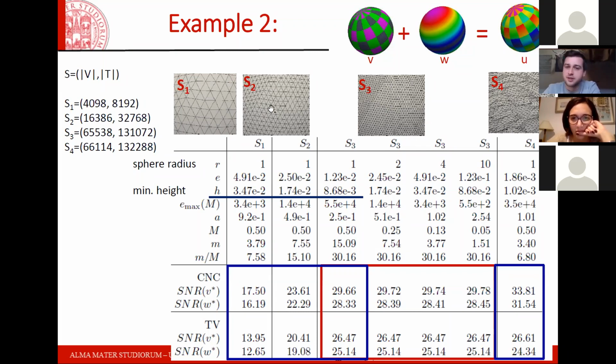But all three meshes are still so-called regular meshes, or at least the shape of the triangles is quite regular. The last one, S4, is a so-called irregular one, where the valence of each vertex is not close to 6. That's for the first, and for the second, the triangles can also be degenerated.